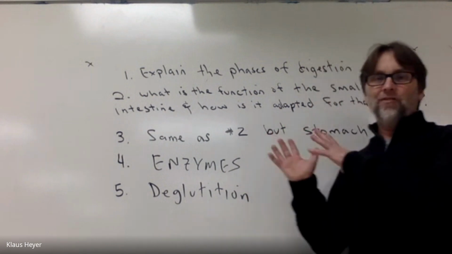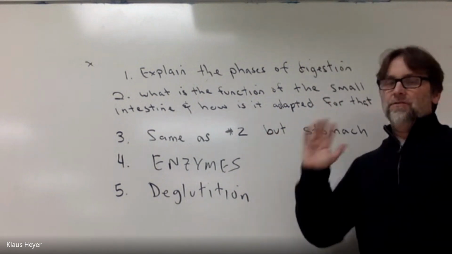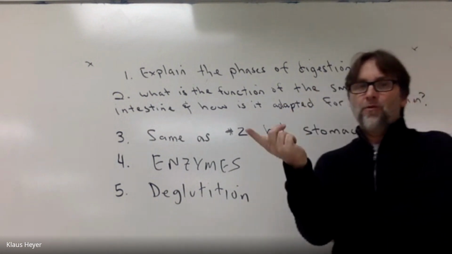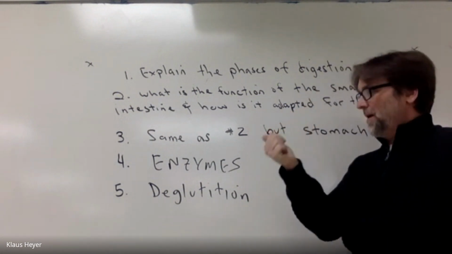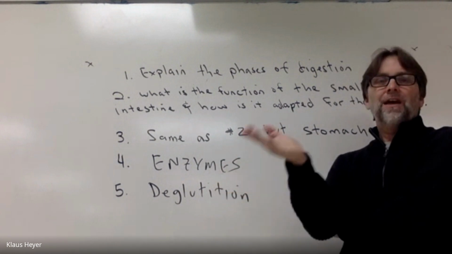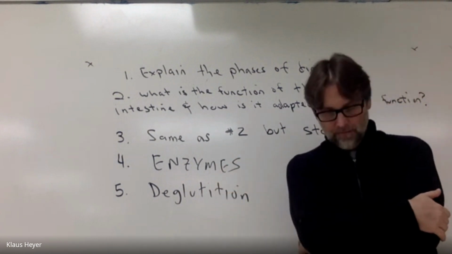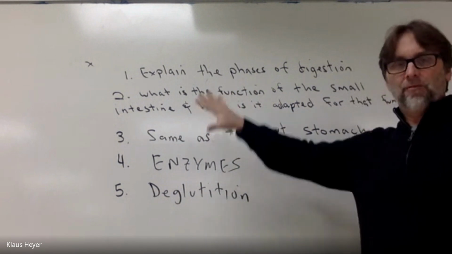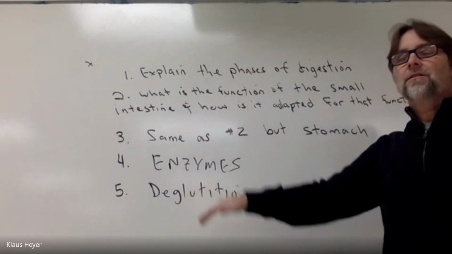So you add these questions to what you have from last class. Add the respiratory, add these. That's about 10 questions. Add that to your list. This is a new chapter, so these are guaranteed.